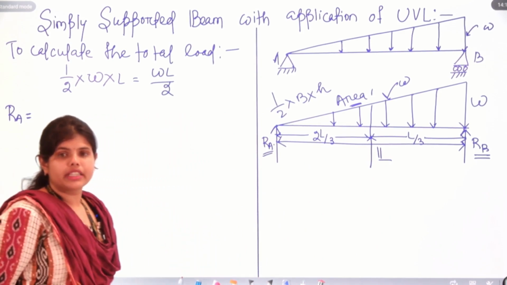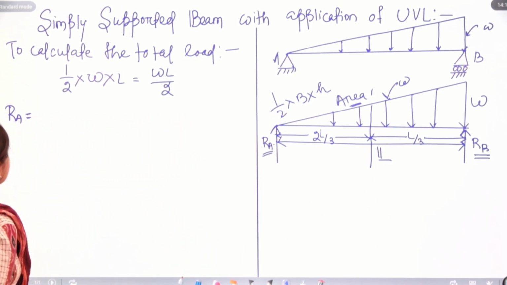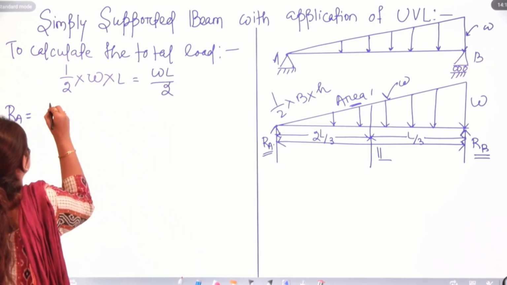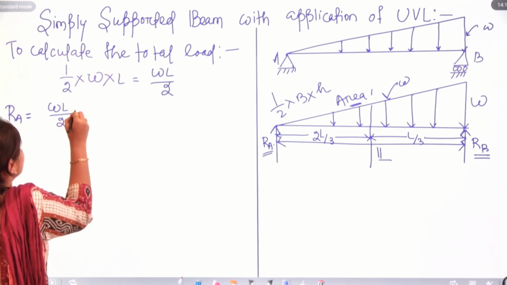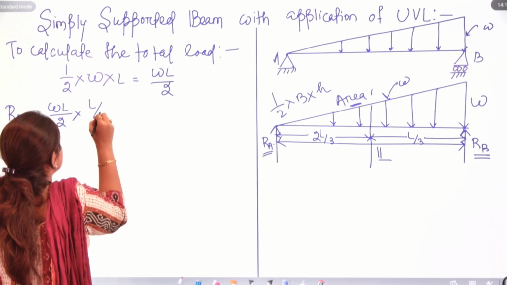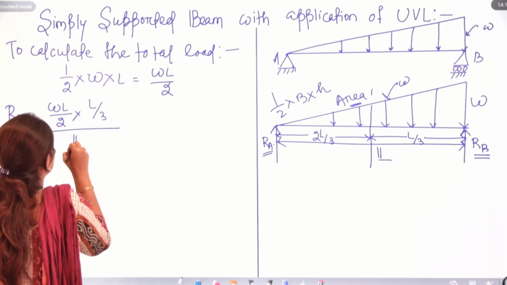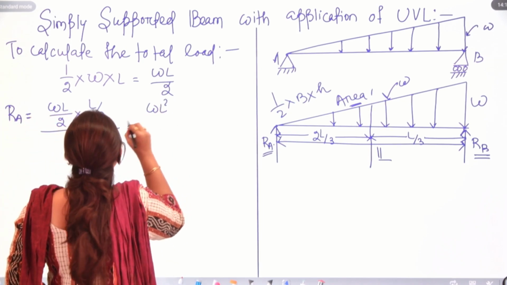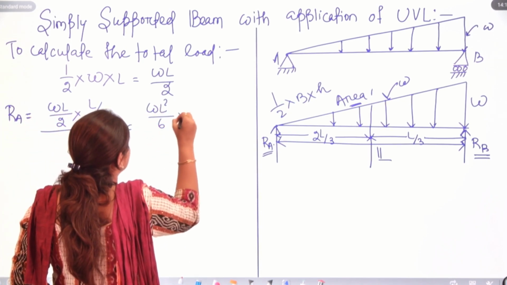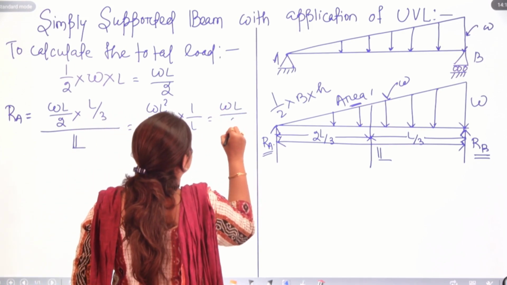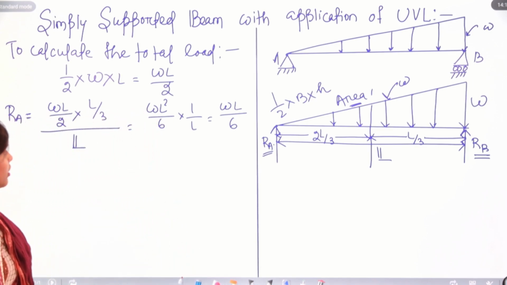So, to find out RA, let's put the total load WL by 2 into the farther distance, that is L by 3, divided by the total length. So, it is going to be WL square by 6 into 1 by L. So, WL by 6 is your reaction at A.